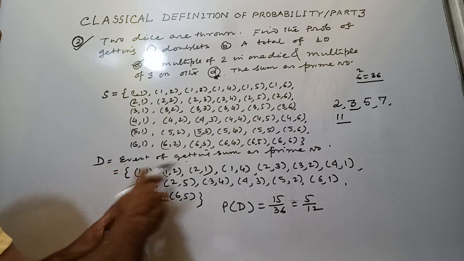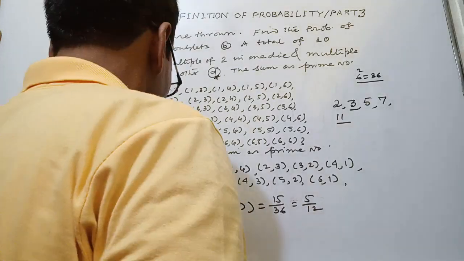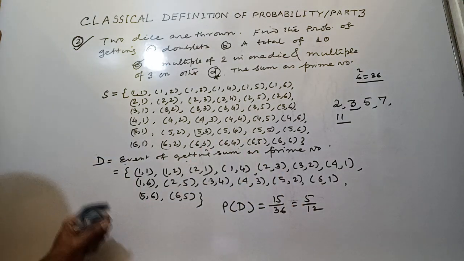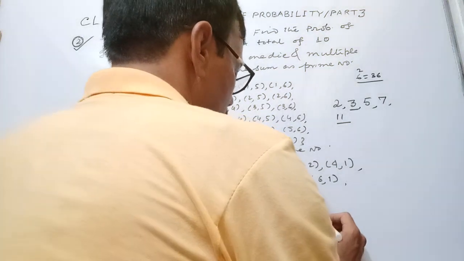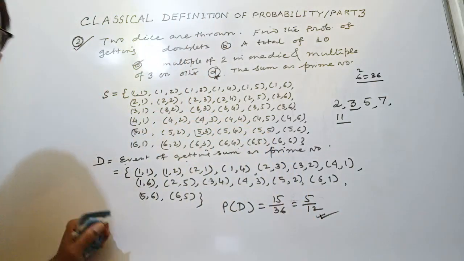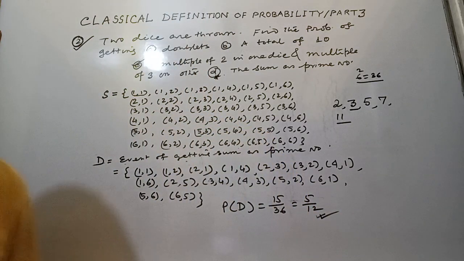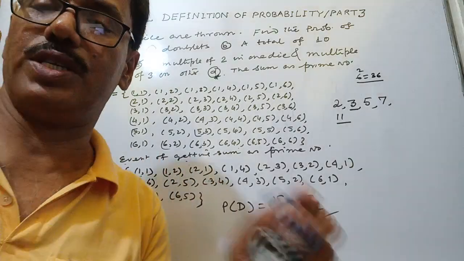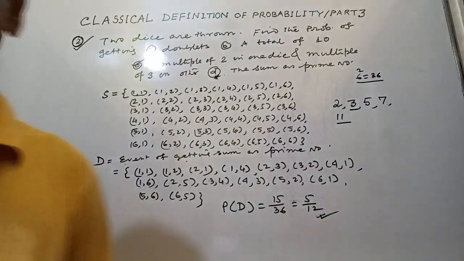How many cases? 15 cases. So P(D) equals 5 by 12. This is the most important problem, and it is a problem of WBJE also.